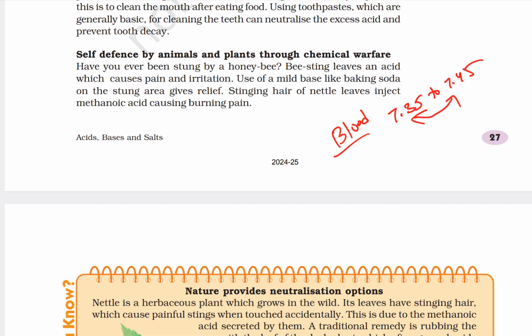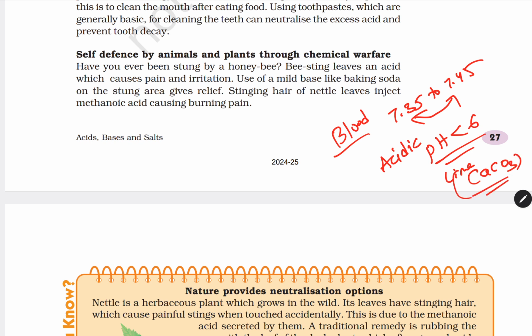And what about agriculture? Soil pH affects plant growth. If it is acidic soil, your pH value will be less than 6. How to treat this? You can add lime to the soil. What is lime?